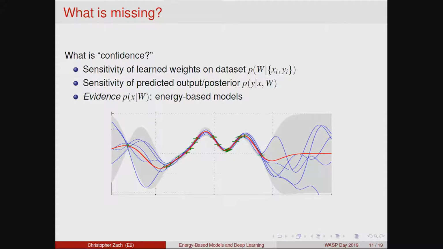This then leads to these Bayesian networks and so on, which are recently somewhat popular. The other one, which is often used, is the sensitivity of your prediction on your input. And this is what very often is considered as confidence, but this only tells you, in a way, if you change the input slightly, would the output change as well?